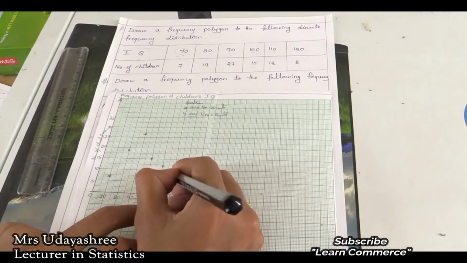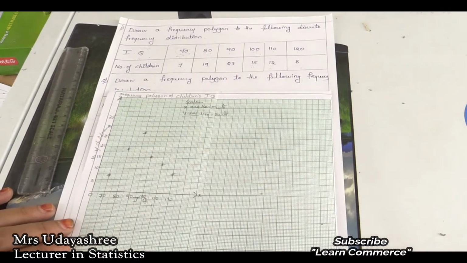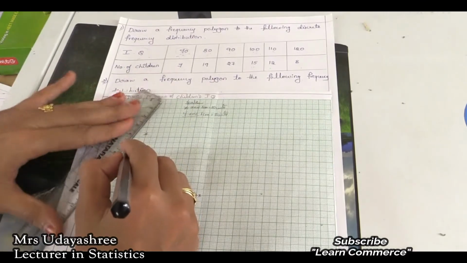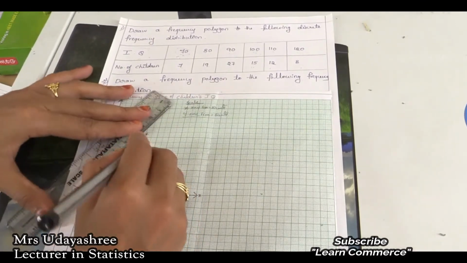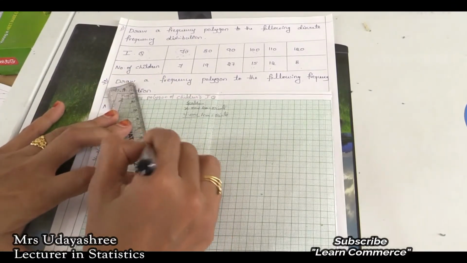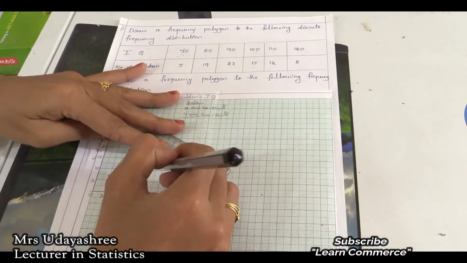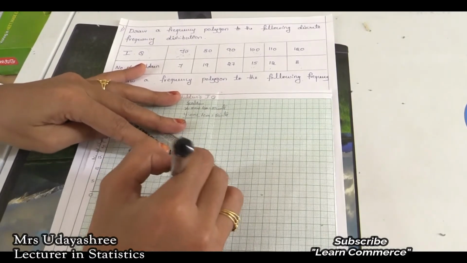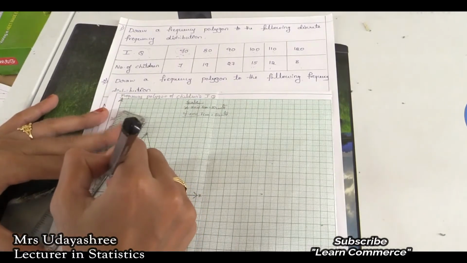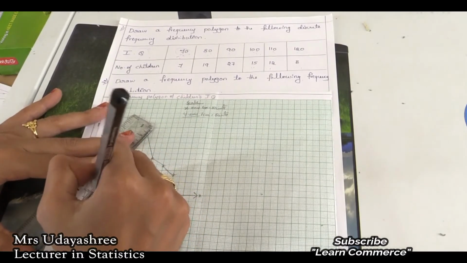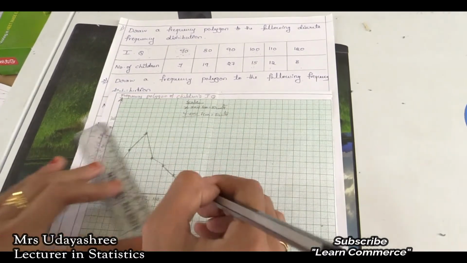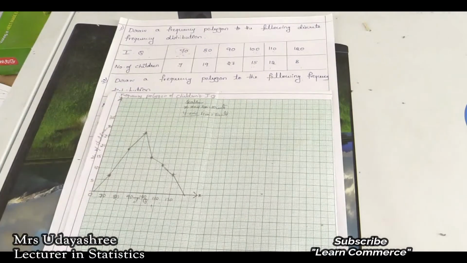After that I will join these points by straight lines like this, and I will join this point to the baseline like this. This is the frequency polygon.